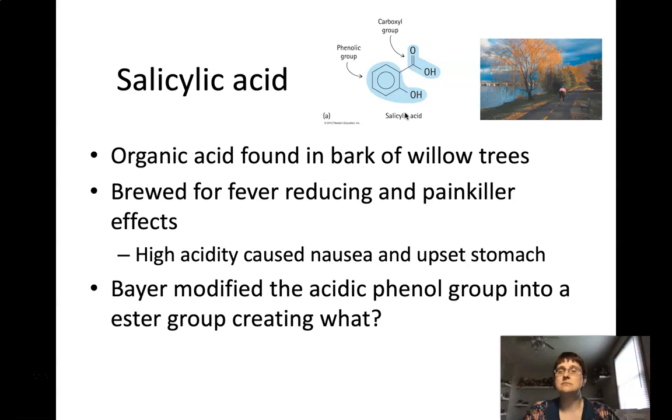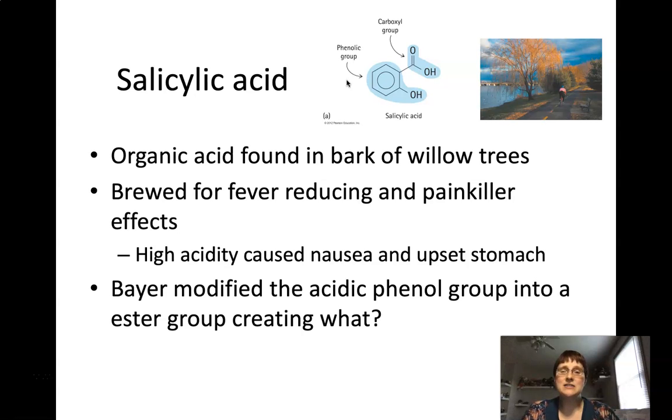But a company named Bayer, might sound familiar, modified this group into another group called an ester group. Basically, they modified this so it wasn't as acidic. So the whole molecule became less acidic. And they created a new medication. They created aspirin.